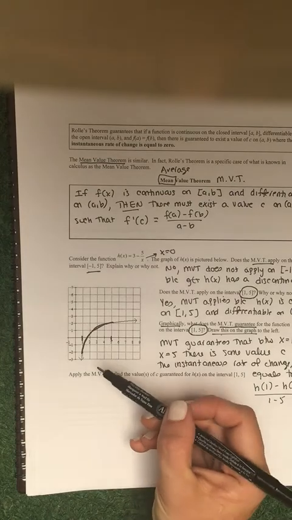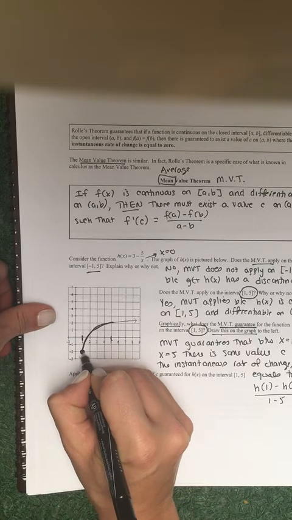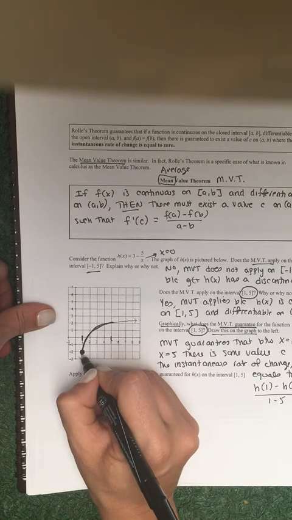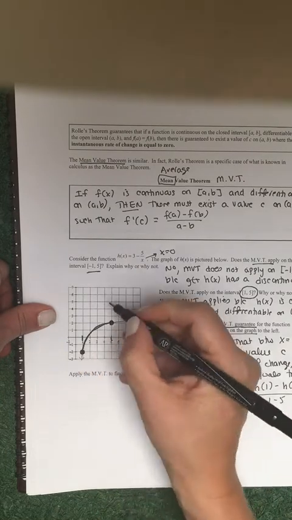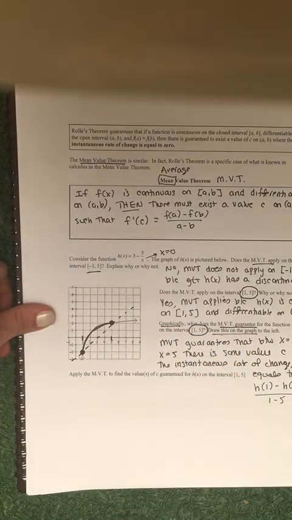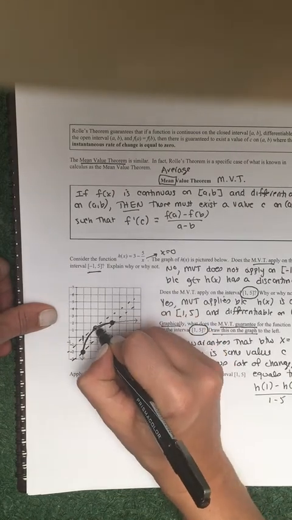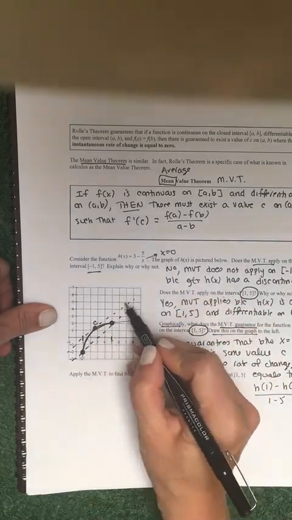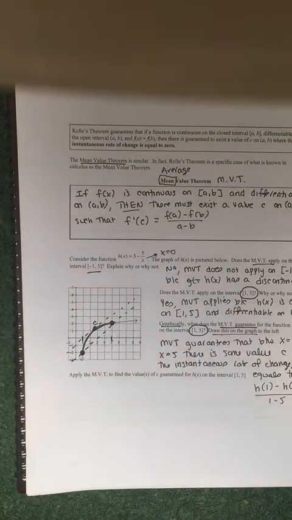So we're saying here, based on the graph, here's the point 1 comma negative 2, 1 comma h of 1, 5 comma h of 5. This is the average rate of change. We're saying that there's some point, I don't know where it is, but here might be the point c, where they've got parallel slopes, essentially. The average rate of change is equal to the instantaneous rate of change.